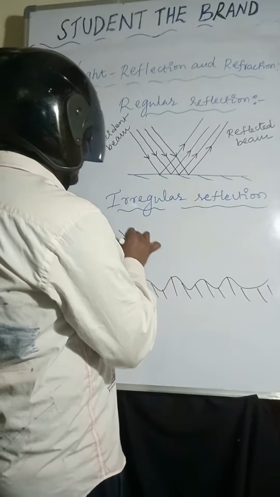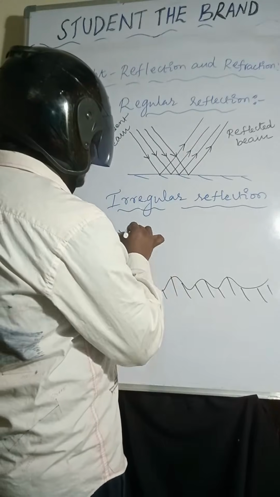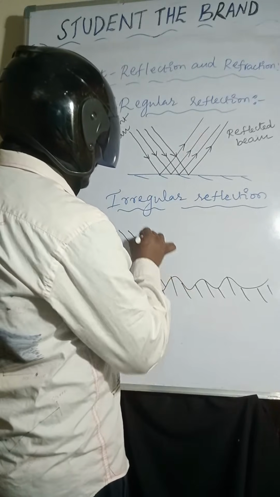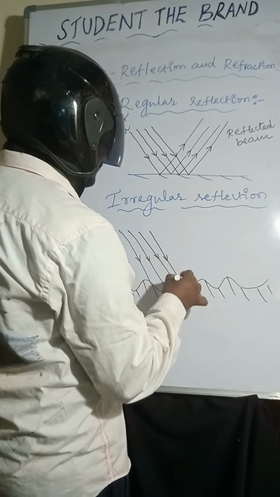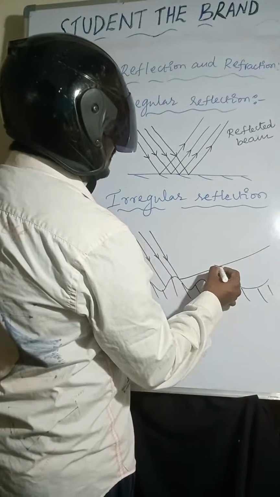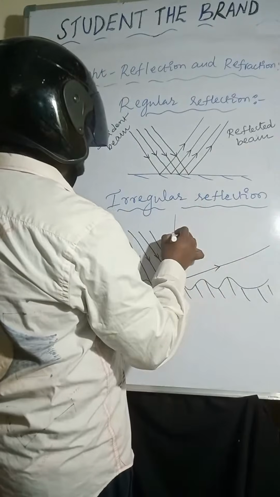Incident light rays are parallel, but reflected light rays are not parallel to each other. So observe carefully here. These are the incident light rays, and these are the reflected light rays.